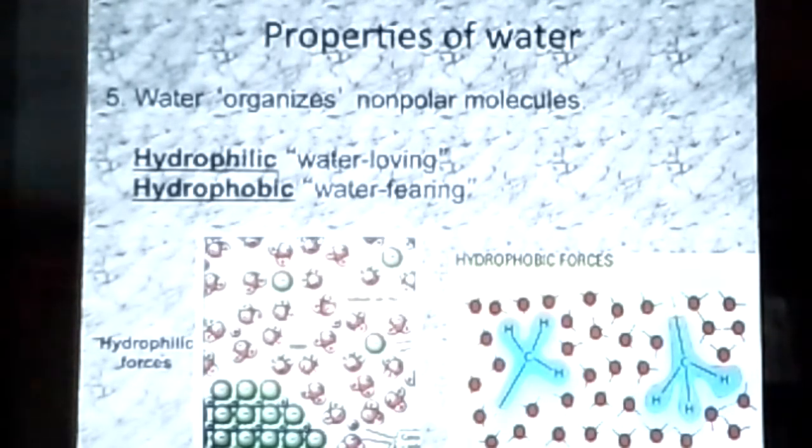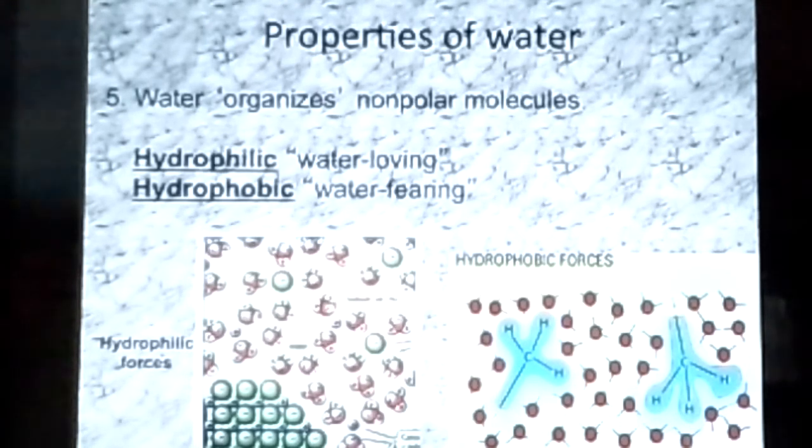Now, this translates into organization. Hydrophilic and hydrophobic. Hydrophilic molecules are charged molecules that are attracted to the hydrogen atoms in the water. Hydrophilic molecules are also polar, meaning they have one positive end and one negative end.